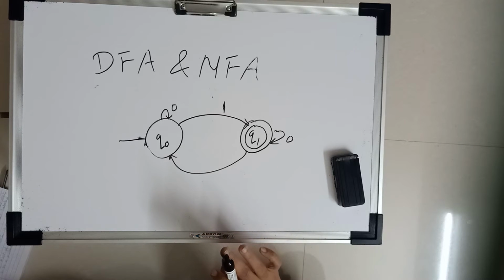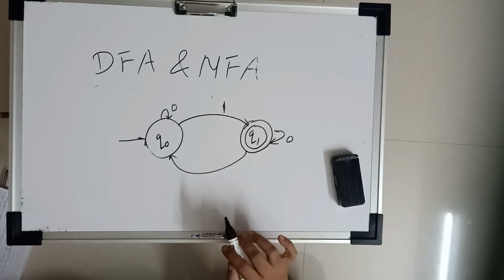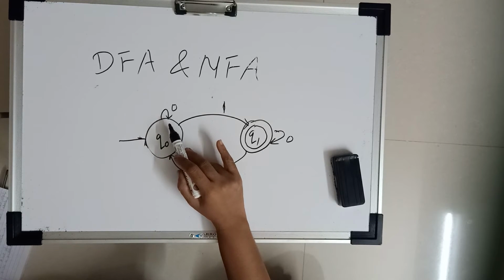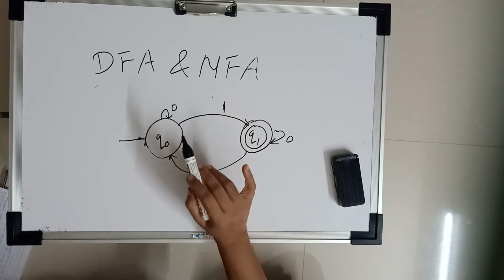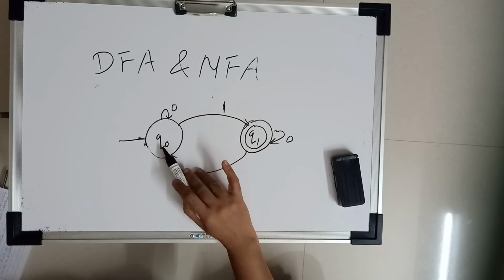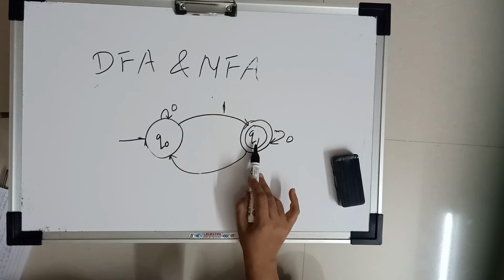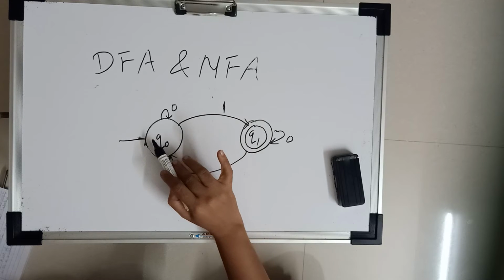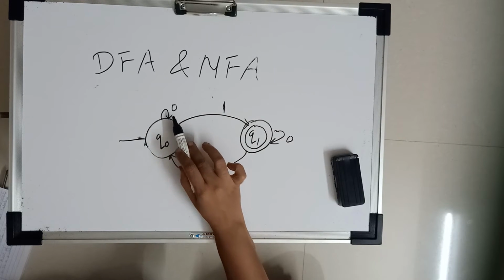Now in DFA, there must be one and only one next state for each input. Suppose Q0 is given here. For Q0, for input 0, there is only one next state. Again for 1, from Q0 there is only one next state. It means Q0 goes to Q1 for 1, Q0 goes to Q0 for 0.